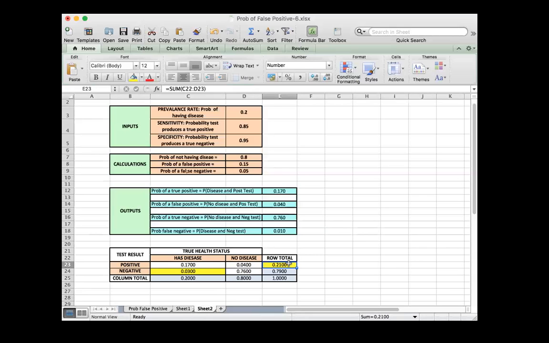Right, that's what I wasn't sure. I had done it that way the first time, and then when I went back and read the directions, it says just fill it out and use the calculation. So I didn't know if you wanted to find the probability of a true positive or the probability of having the disease with the positive test. So I did it that way, and when I divided, I got 0.8095. Sounds right.